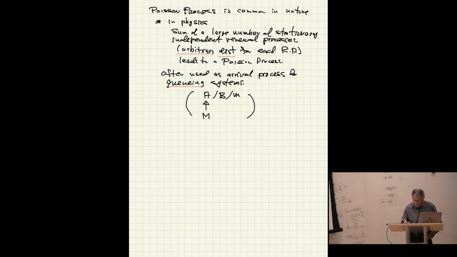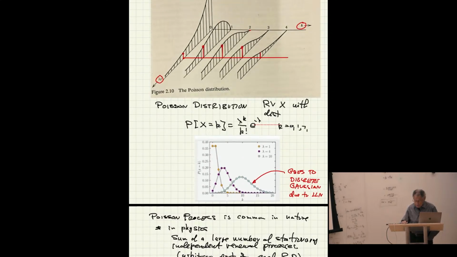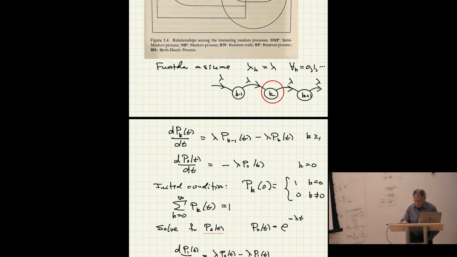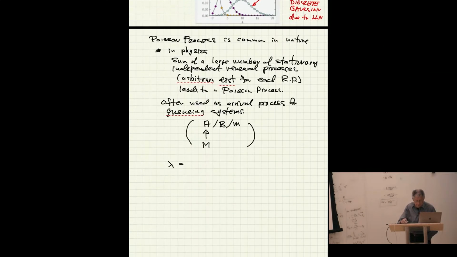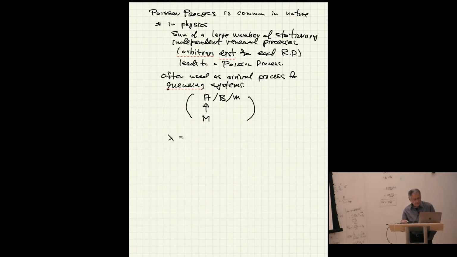Okay. Now lambda is the average arrival rate in this pure birth system, the one we've been studying. Lambda is the arrival rate, the average rate at which customers arrive. Remember that.